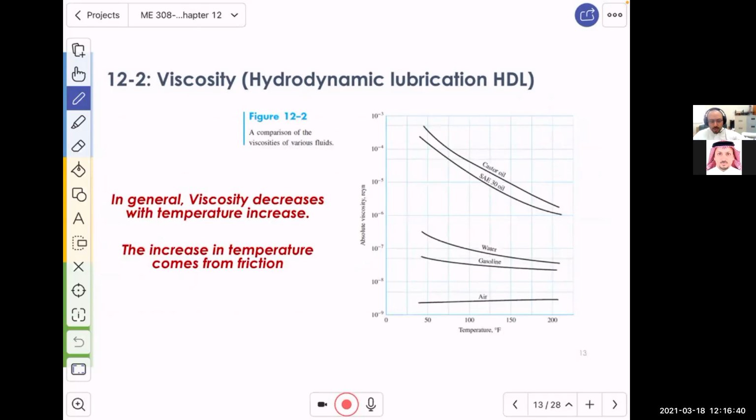Now, if we check this graph, it tells us the change in the absolute viscosity, which is the dynamic viscosity, in Reyn, which is pound force second per inch square, with temperature. We see that most fluids lose their viscosity as you increase their temperature. Okay, this is something that will turn out to be important, and we'll discuss it later.